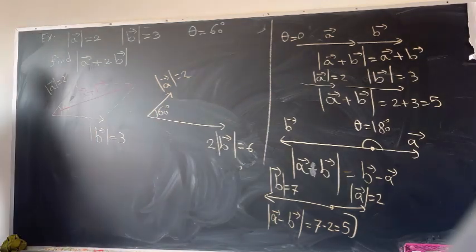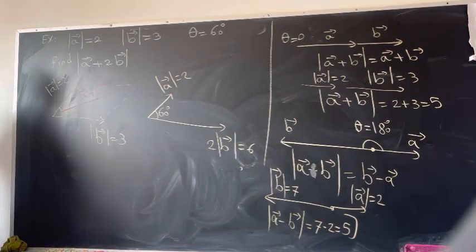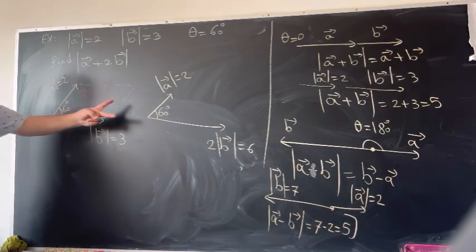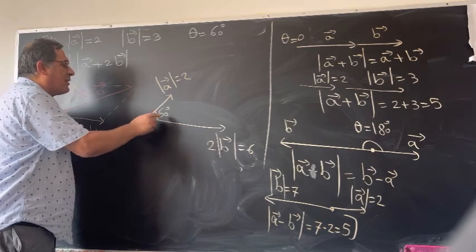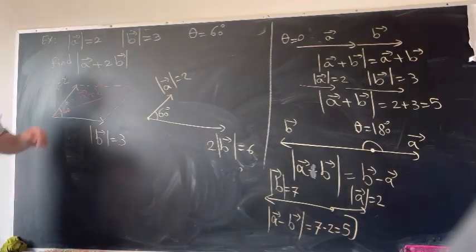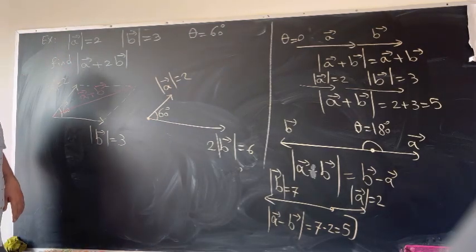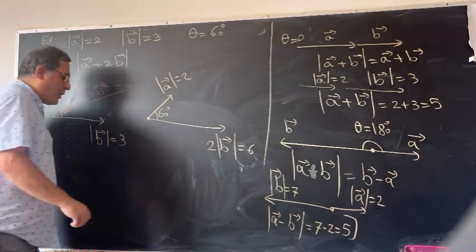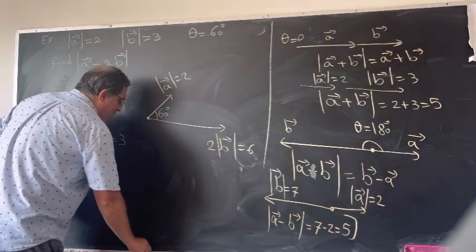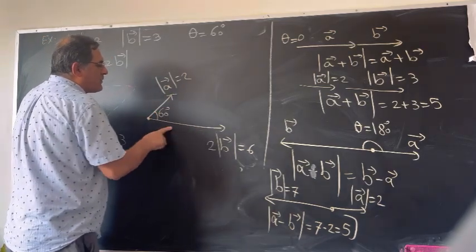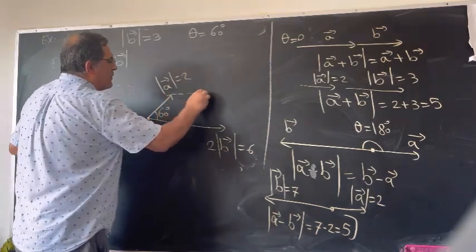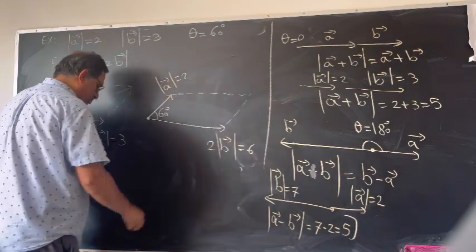Again, you want to find the addition or resultant of the two vectors, tail and tail, making the angle of 60 degrees. You have to make the parallelogram: draw the same size and parallel, and connect to the second vector.